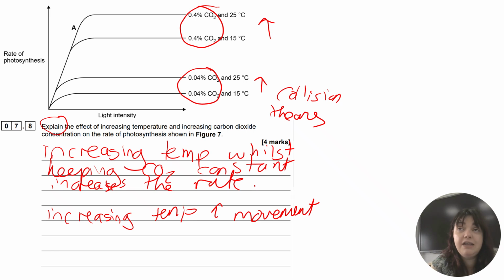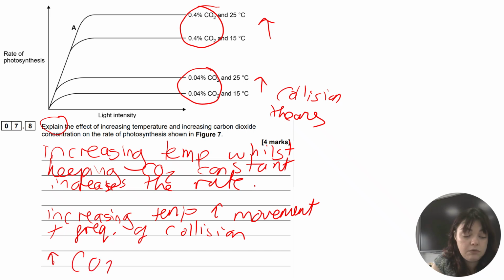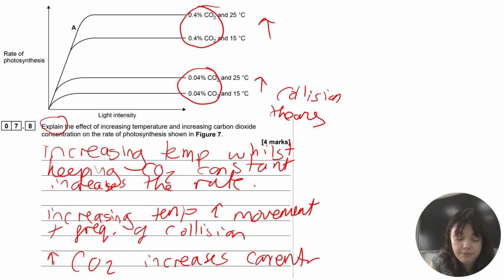So it increases the frequency of collisions. Okay. And then increasing CO2 increases the concentration of the substrate or reactant. Okay. Now, that's 3 marks.